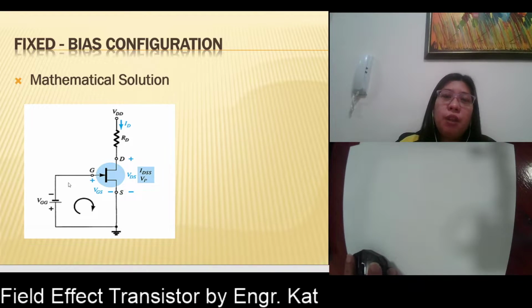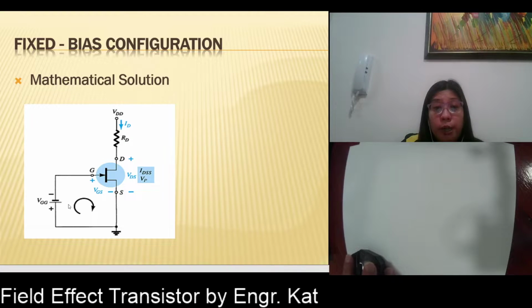The voltage drop across RG is RG multiplied by IG, but IG is 0, so there is no voltage drop across your RG. It is 0. And what is the effect of a 0 voltage? A 0 voltage means a short circuit. Therefore, your RG here is shorted. So what we have here is just your VGG and your VGS, okay?